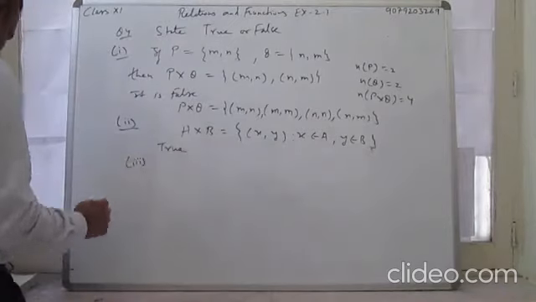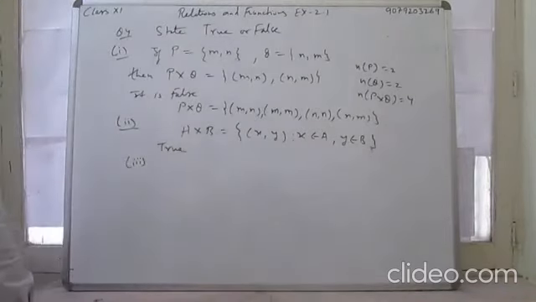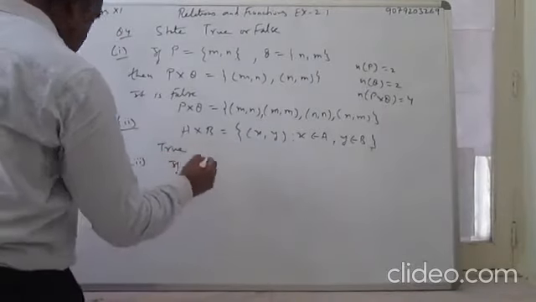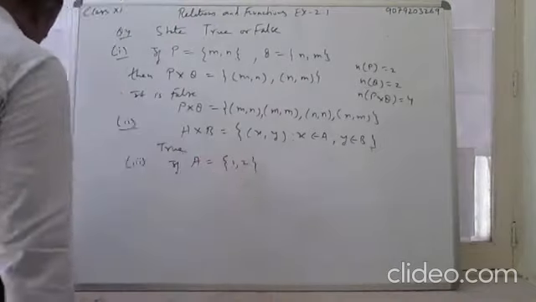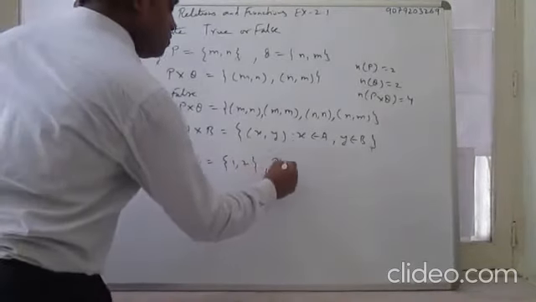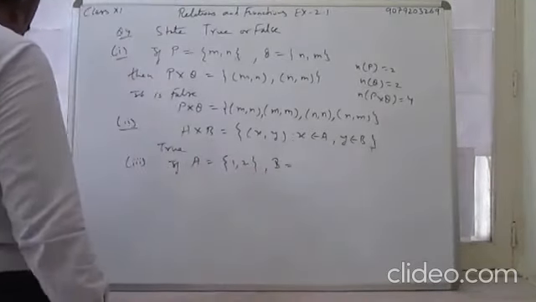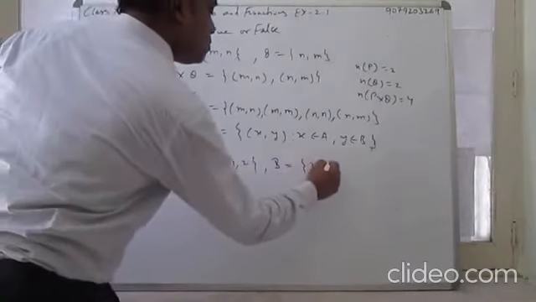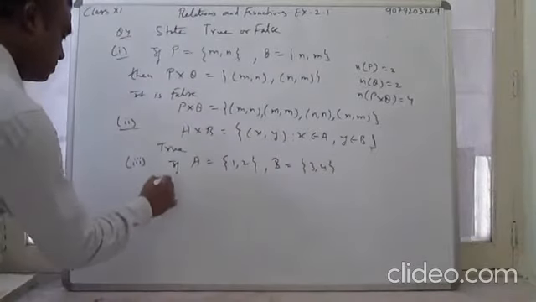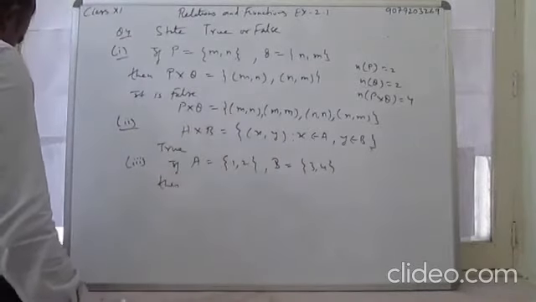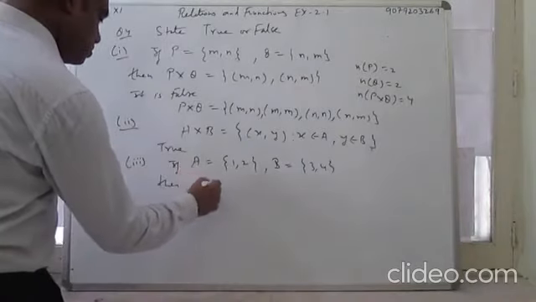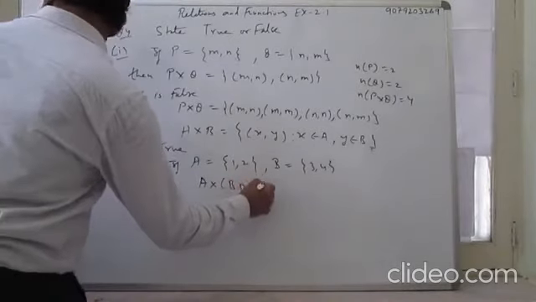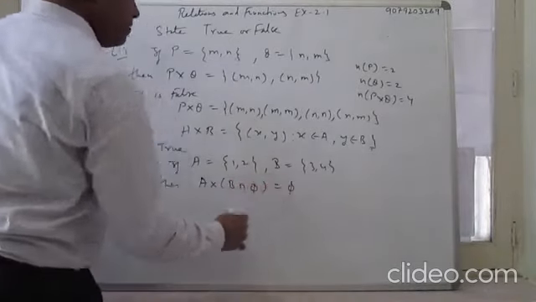Now third: if A is given to you as {1, 2} and B is given to you as {3, 4}, then A cross (B intersection 5) is equal to 5.